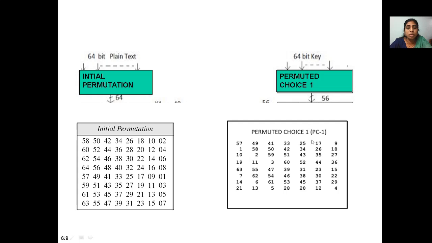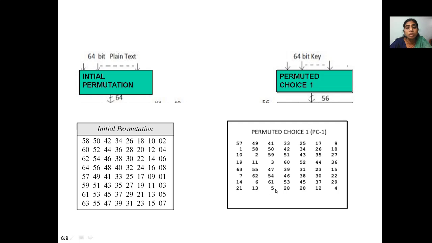So this permuted choice 1 is again the 64 bits. That is, if we have bits 1 to 64, we are going to remove all the multiples of 8, the 8th bits, and we are going to place the 57th bit in the first position, then the first bit in the second position, the third bit in the 10th position, the 10th bit in the third position, the 19th bit in the fourth position, the 63rd bit in the fifth position.